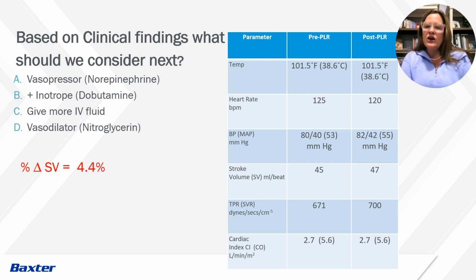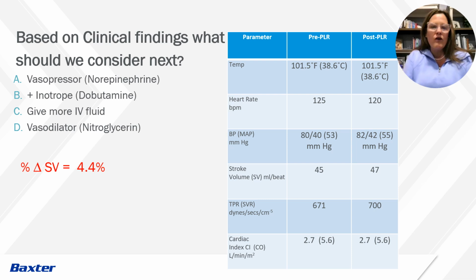However, now we know that our stroke volume is still low and we have a low TPR. So we're dilated and hypotensive, but yet our cardiac index and output still look okay. So most likely we're not in that contractility part yet, where they need help with contractility.